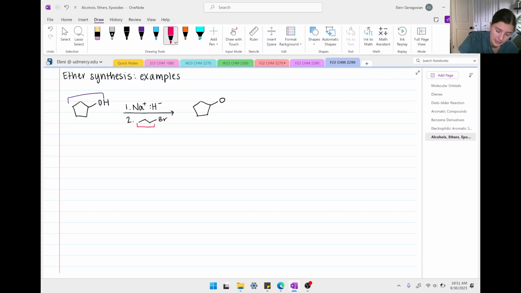If we count carbons here, we have 3 carbons. So there should be 3 carbons bonded to that oxygen. And this is the final product of the synthesis. The byproducts are sodium bromide, because our alkyl halide is an alkyl bromide, and hydrogen gas.